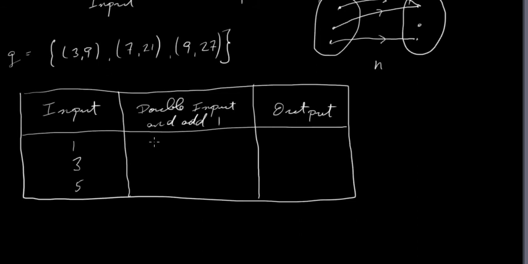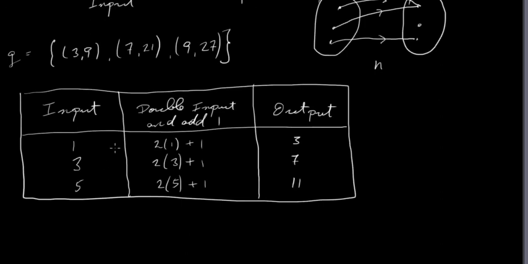So we're going to say twice 1, and then we're going to add 1. In this case, we're going to double 3, we're going to add 1. In this case, we're going to double 5, we're going to add 1. So what happens? 2 1s are 2 and 1 is 3, so our output is 3 here. 2 3s are 6 plus 1 is 7, 2 5s are 10 and 1 is 11.